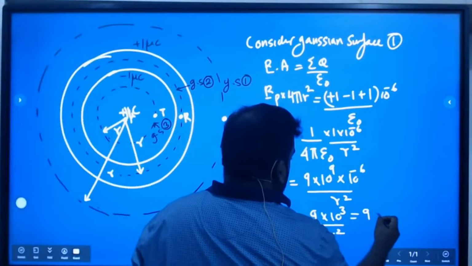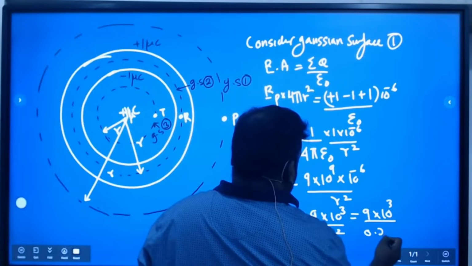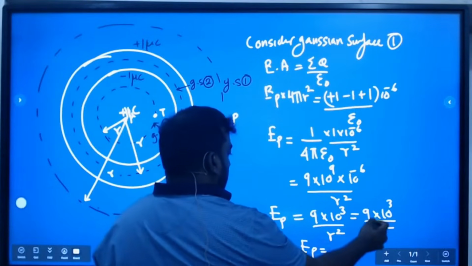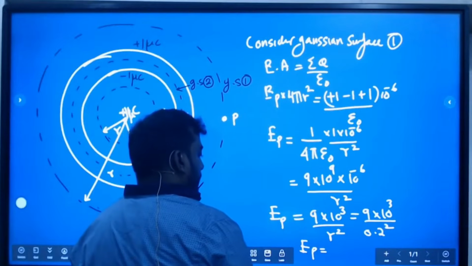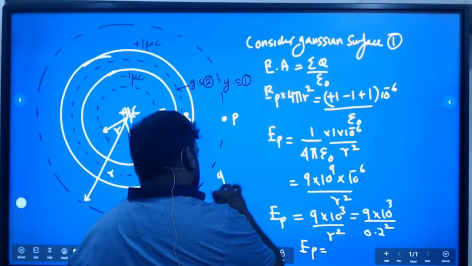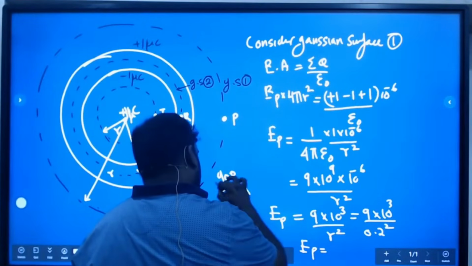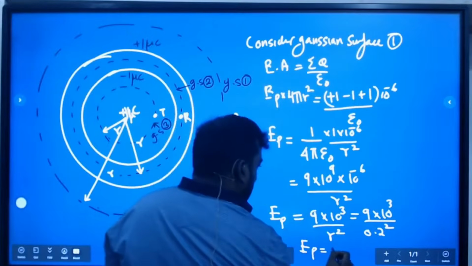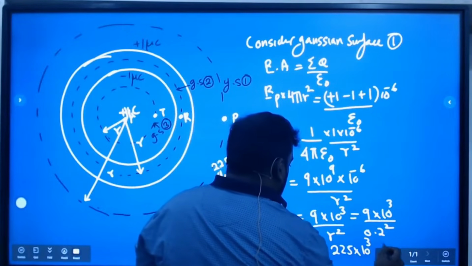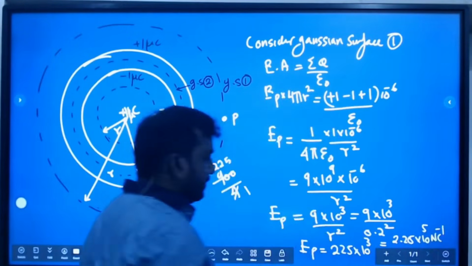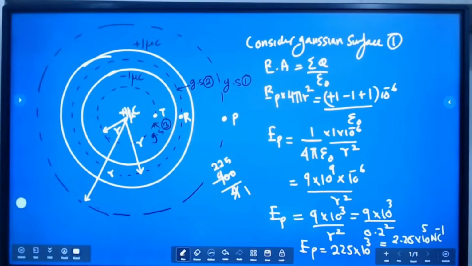Substitute here, 0.2 squared. Electric field is 2.25 times 10 to the power 5 Newton per coulomb.